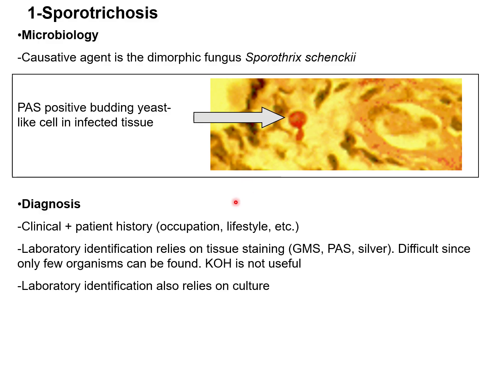So this is a histological section from a lesion, and this was stained with periodic acid Schiff, and what you're seeing here is PAS positive budding yeast-like cell in the infected tissues, and this is not very easy to catch under the microscope. Because we have very few organisms in the sample. You can rely on culture as well, but again, not too easy because of the scarcity of the presence of the agent in the samples.